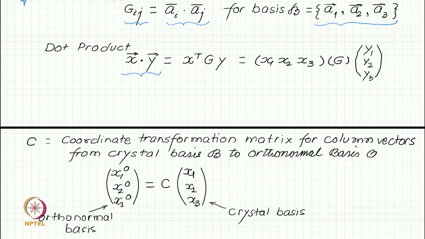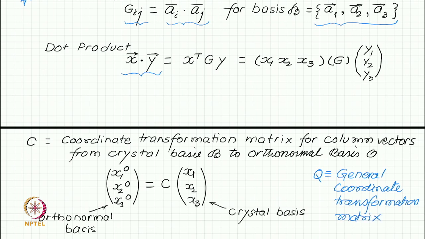It is only a matrix, so you can call it P, Q, R or whatever, but we have decided to call a general coordinate transformation matrix Q. For the special case of a transformation matrix from crystal basis to orthonormal basis, we have used the symbol C. So, C we will use for the basis transformation matrix from crystal basis to orthonormal or Cartesian basis.